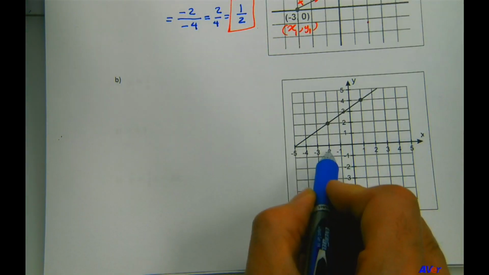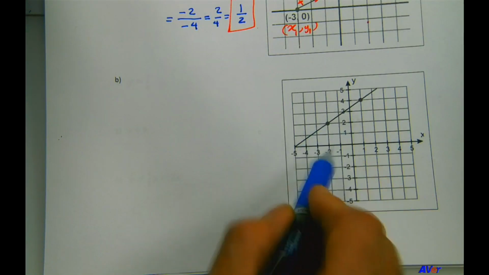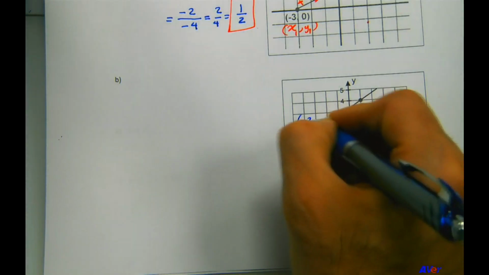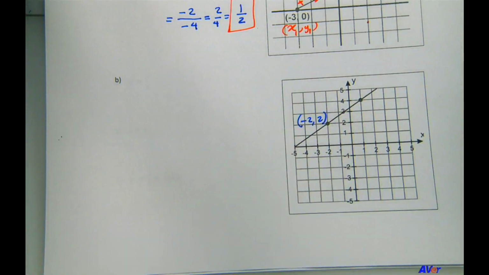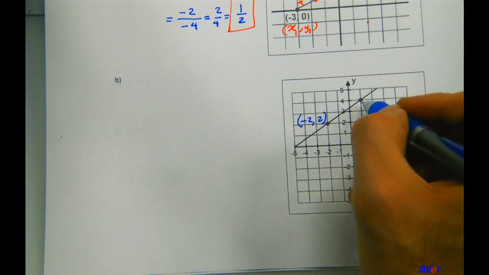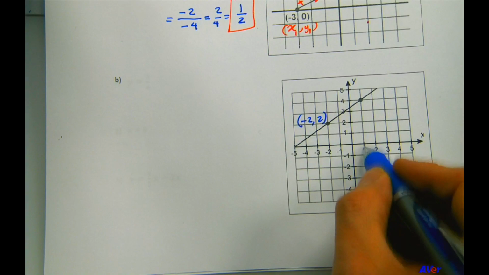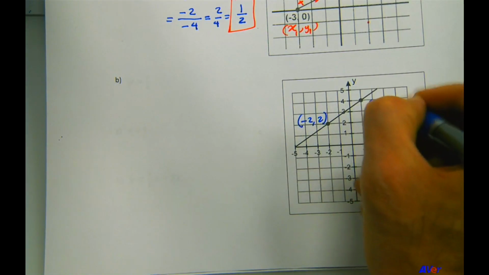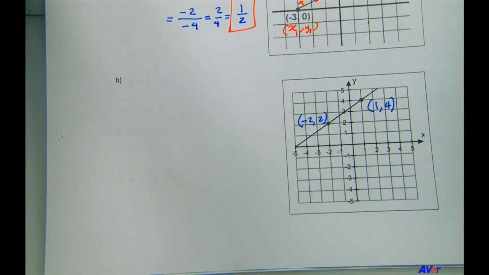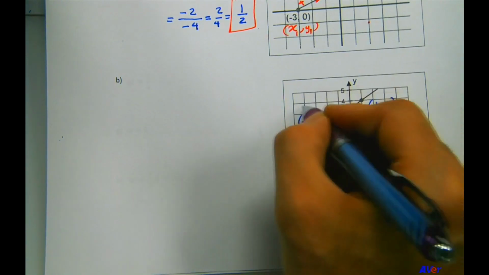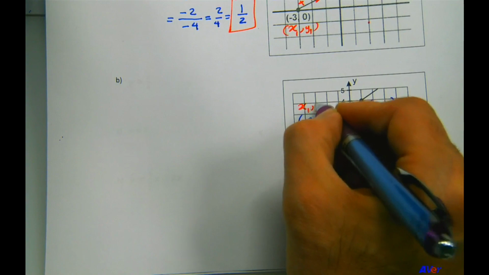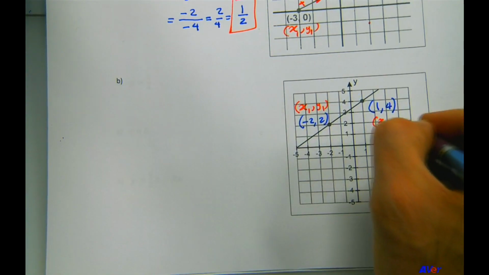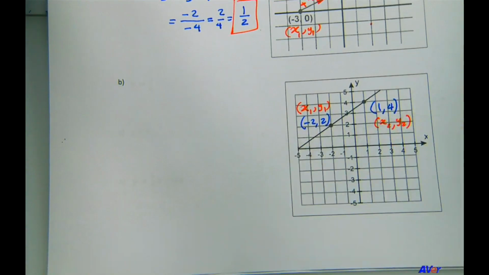So the coordinates of this point are -2, +2. The coordinates of this point are 1, 4. Like that. So now we can label these points as x1, y1 and x2, y2.